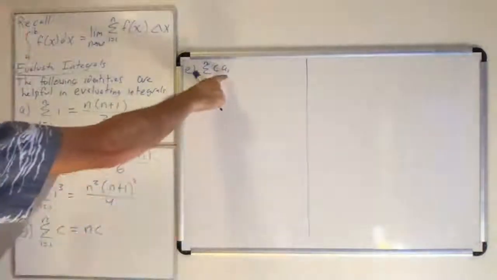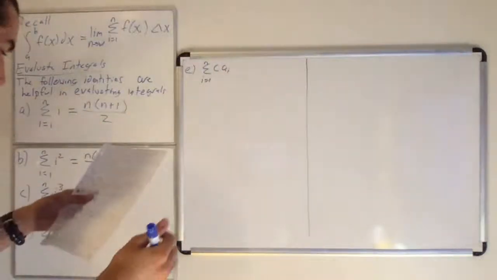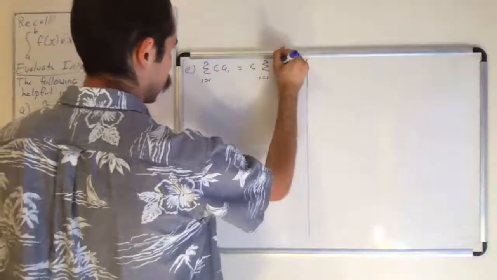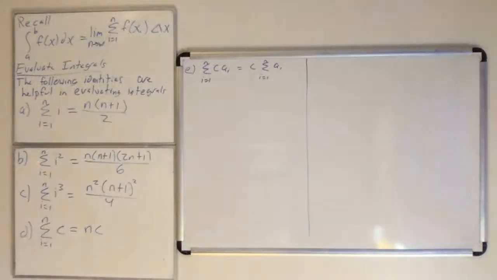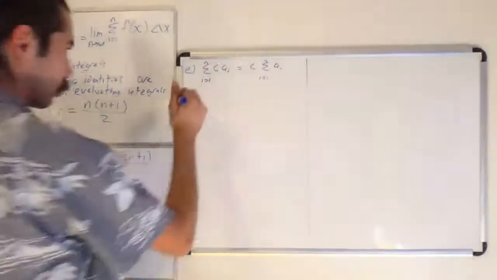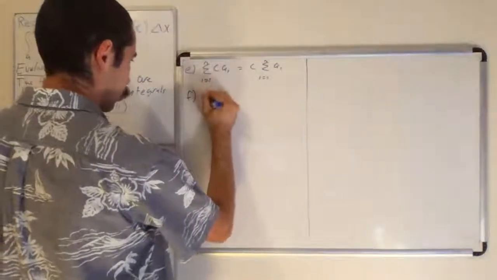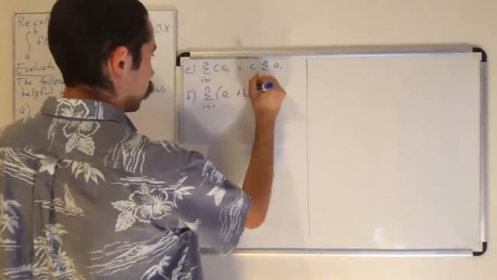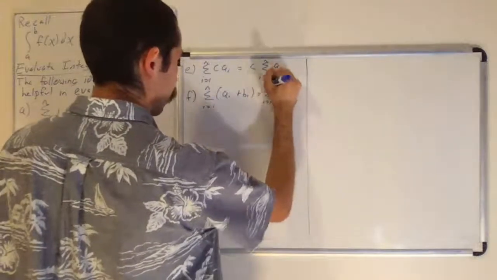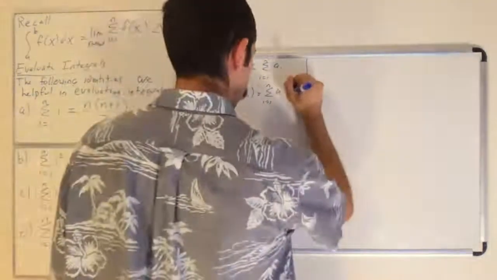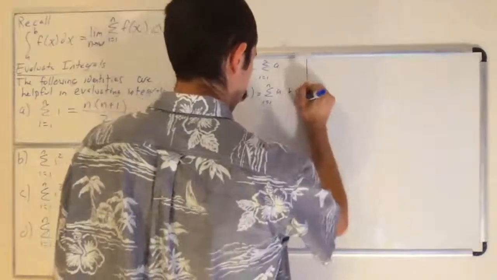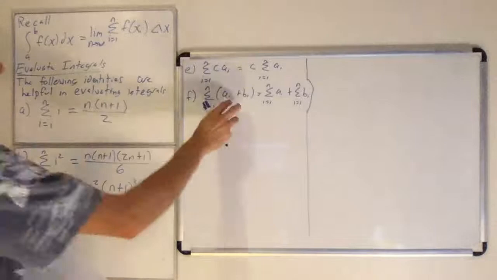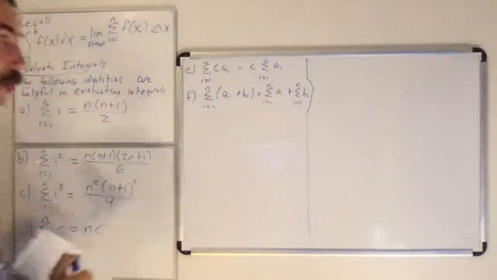If you have a constant times some sequence that's being added up, you can pull out the constant. You can break up a sum in terms of each of its components and deal with them one at a time.